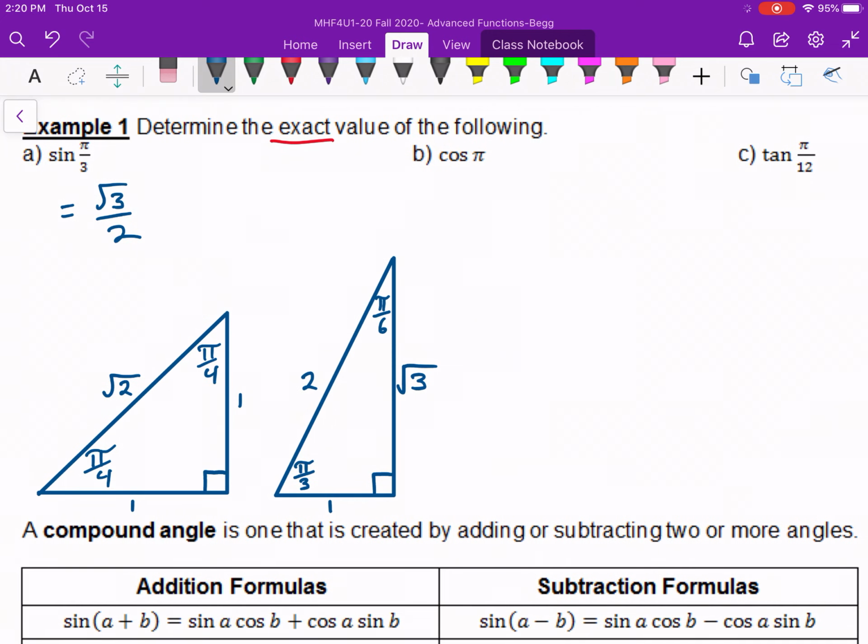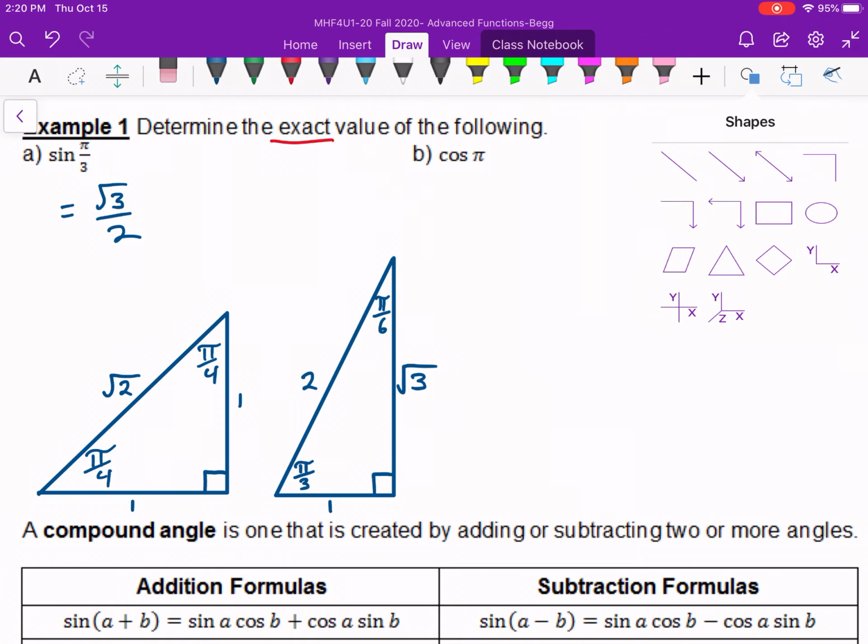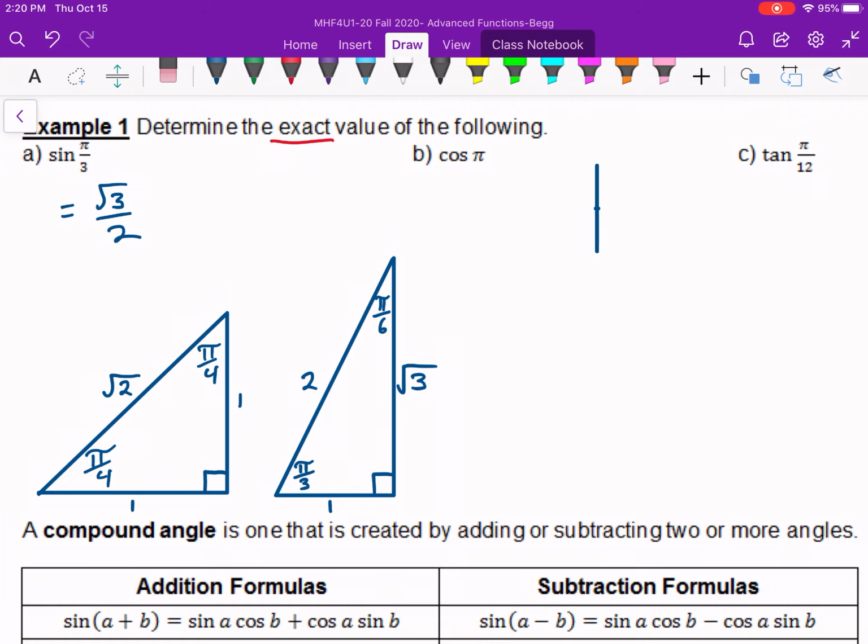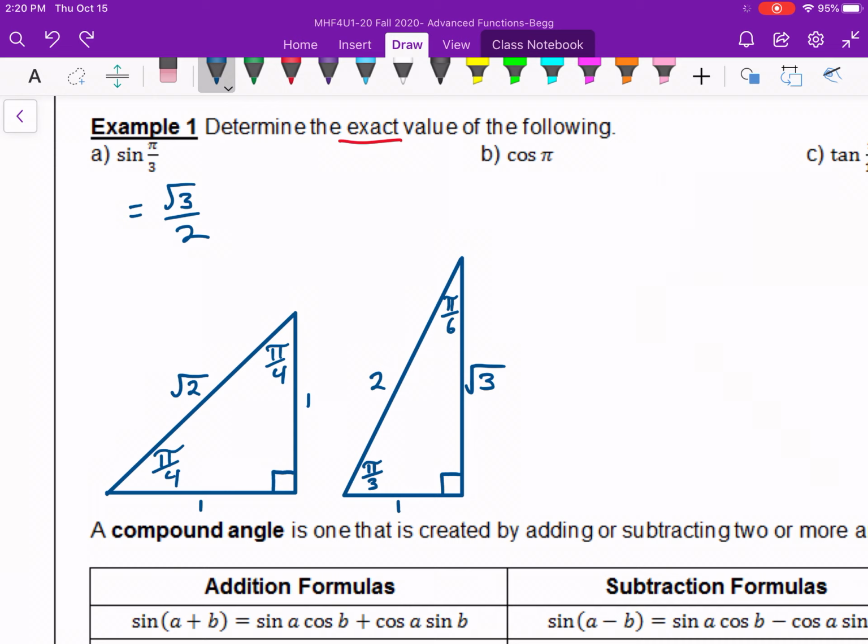For cos pi, that one's not a special triangle, but we should understand that from the unit circle. Let me just draw a little Cartesian plane. And actually, I'm going to move it over here a bit. So I'm going to draw a Cartesian plane.